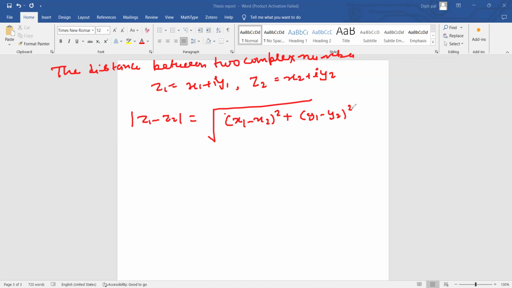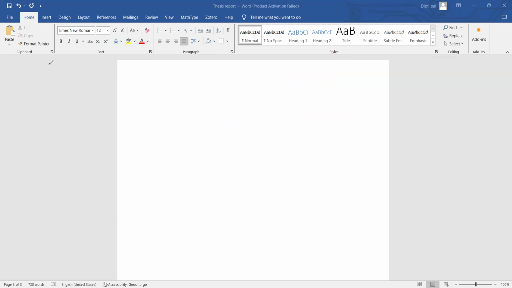Now the polar form of a complex number means how we can represent a complex number in polar form.